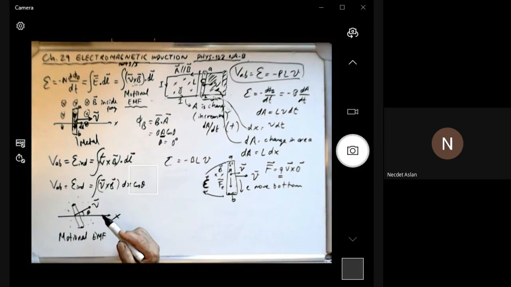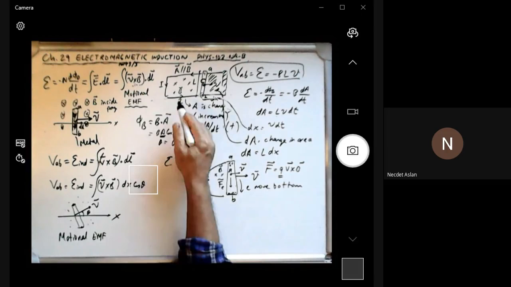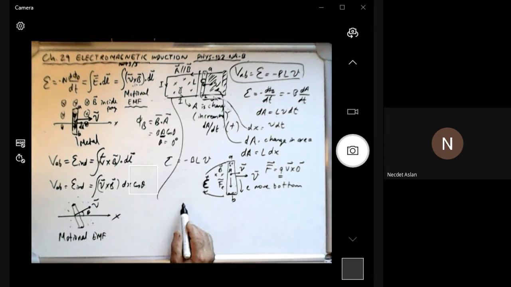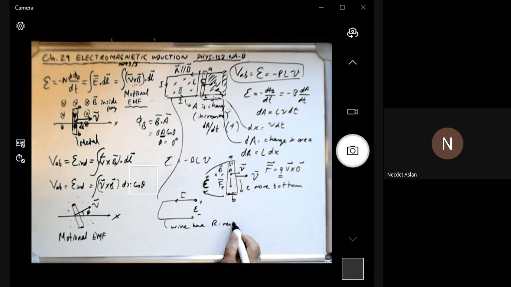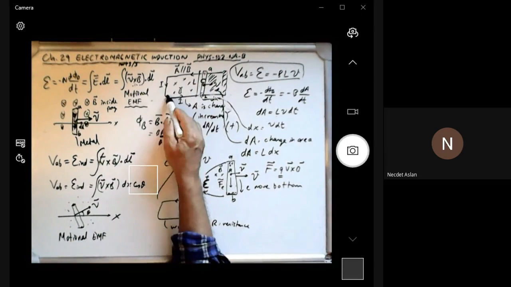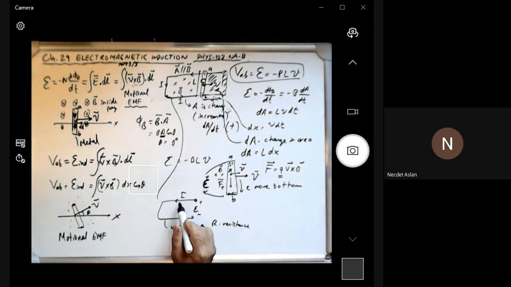So now, if this is a circuit, what kind of circuit is this? Here we have epsilon plus and minus, right? Because of this, the current will flow, and then of course this wire has resistance R, because even if it is only a wire or just a metal rod or metal system, it will still have resistance.